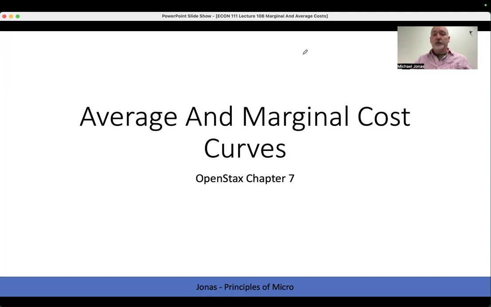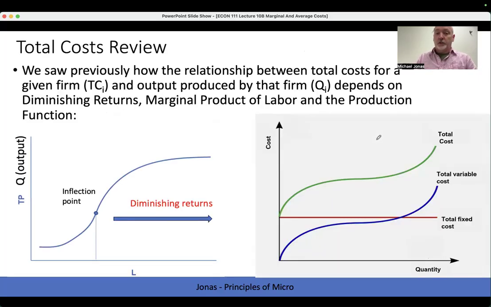And that led us to the structure of the total cost curves: total variable cost coming from labor, total fixed cost, what we can think of as our capital costs, and then the total cost, the sum of those two. Picking up from there, this is the mapping between the production function, which relates output per period of time to labor input, with the understanding that the level of capital is fixed.